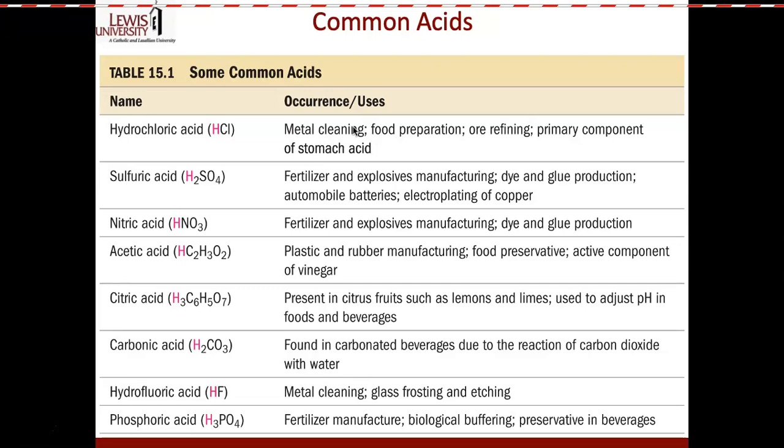So when CO2 dissolves into ocean water, we can get carbonic acid, which lowers the pH of the ocean, makes it more acidic. Hydrofluoric acid is a really nasty acid. People use it to clean metals and glass. It's a weak acid, but it's a very reactive acid. And then phosphoric acid.